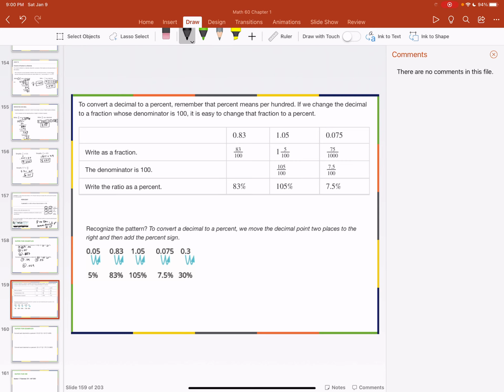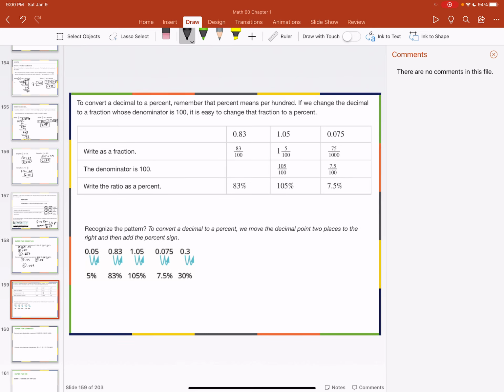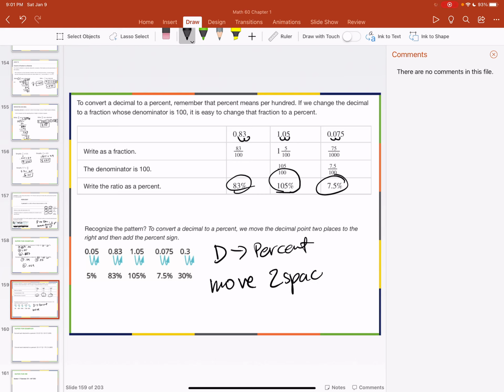If you started with 0.83, you end up with 83%. Here, 1.05 becomes 105%. 0.075 becomes 7.5%, okay? So to go from decimal to percent, we move the decimal point 2 spaces to the right.